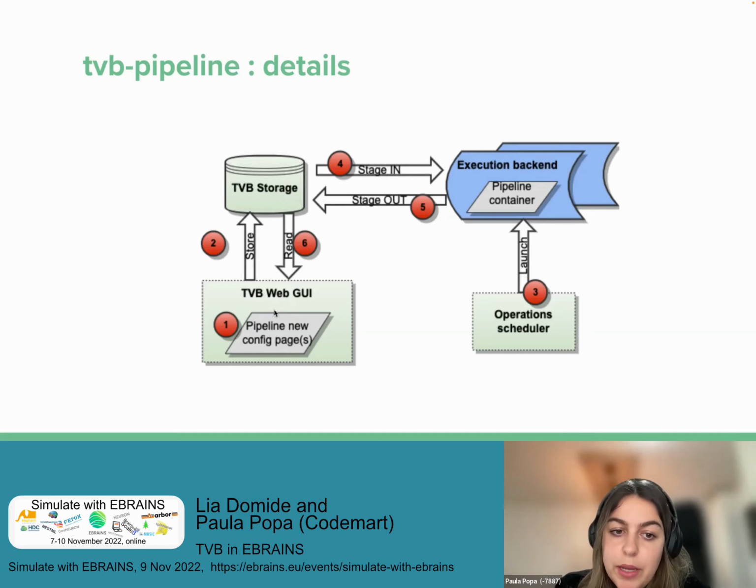If the pre-processing pipeline has finished successfully, the results are automatically imported in TVB and shown in the GUI, but in case there are errors during the pre-processing, we stage out the logs and display them in the TVB web GUI so users could analyze them and understand what went wrong, maybe fix the configurations or adapt the data or something related to that.